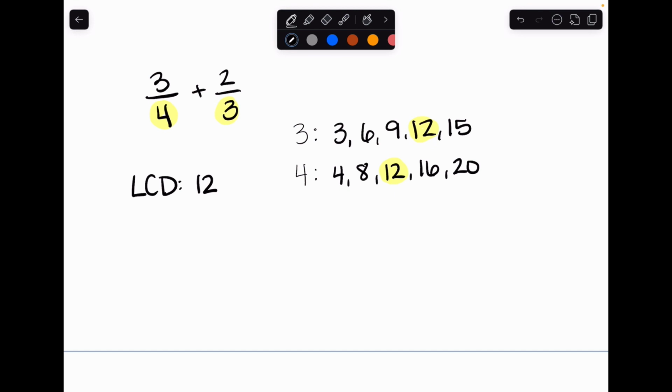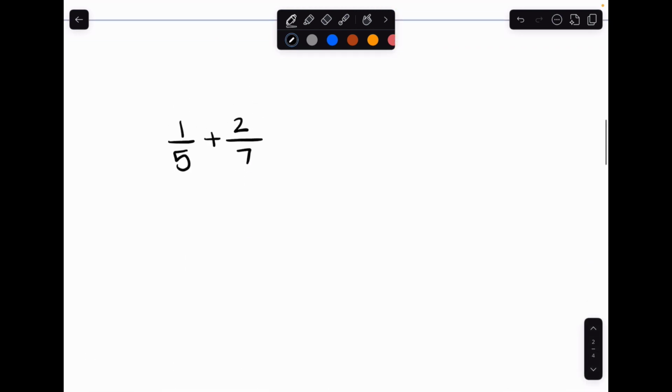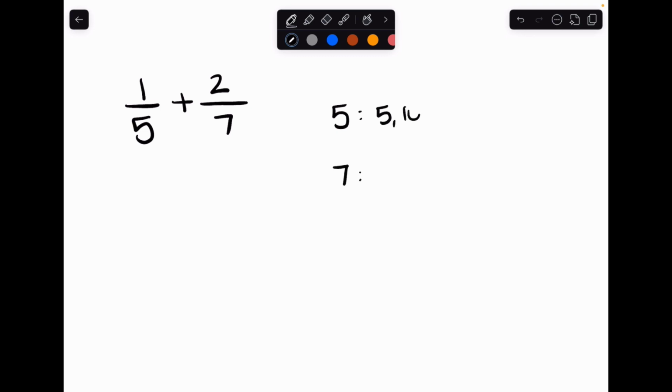For my next example, I've got 5 and 7. We're going to do the exact same thing here. We're going to list out our multiples. So I have 5, 10, 15, 20, 25, and for 7 I have 7, 14, 21, 28, 35.